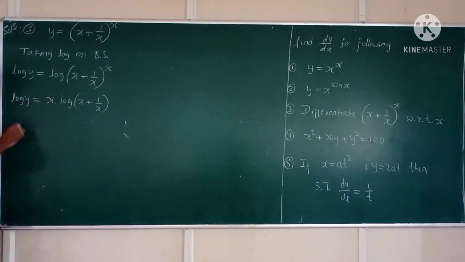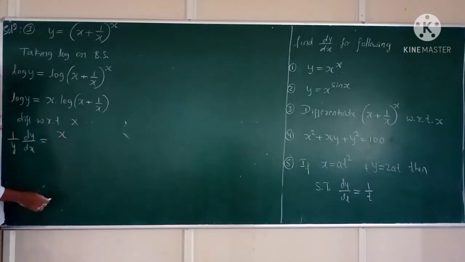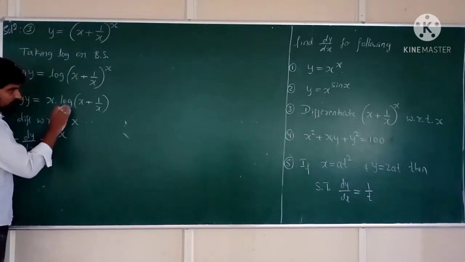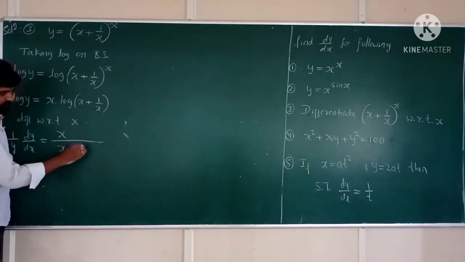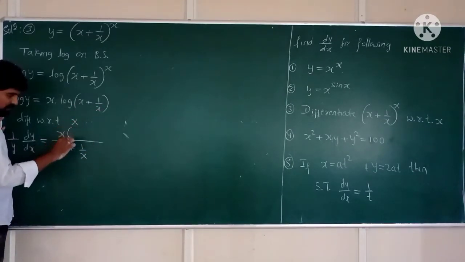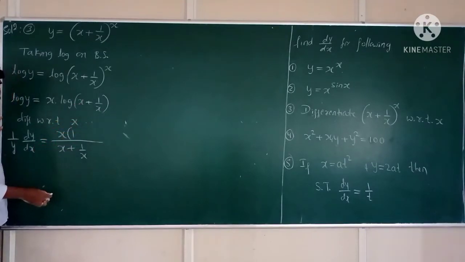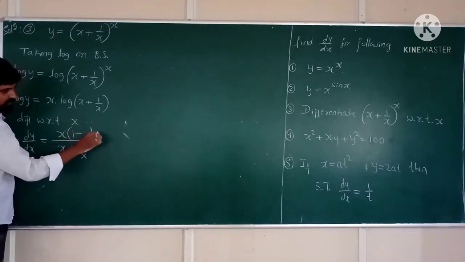Now we can easily differentiate this. So differentiate with respect to x. The derivative of log y, 1 by y dy by dx, is equal to, we need to use the product rule here, x as it is into the derivative of log of (x plus 1 by x), which is 1 divided by (x plus 1 by x), and then the derivative of (x plus 1 by x) is, the derivative of x with respect to x is 1, the derivative of 1 by x with respect to x is minus 1 divided by x square.